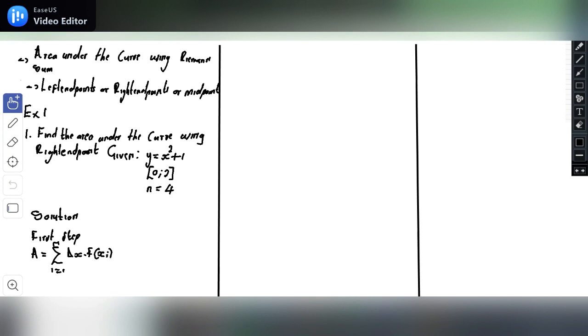This is the formula that we are going to use. In most books, you'll find that they have used k here, not i. So they say k equals 1, and therefore it is going to be f of x k. Can you see the difference? If it's k here, it's also going to be k there, and if it's i, it's going to be i there. So let me erase those things.